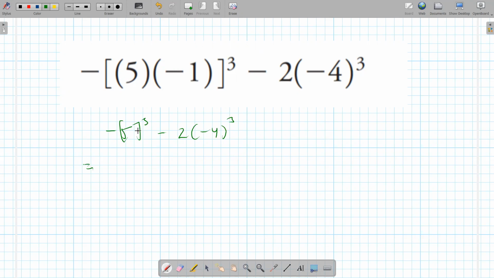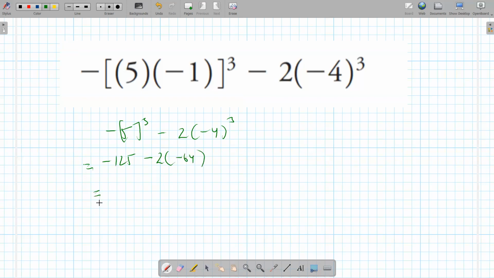So 5 to the power of 3 is 125, and then there's a negative sign outside like that. Oh, okay. Minus 2, what's -4 cubed? -64. Yeah.